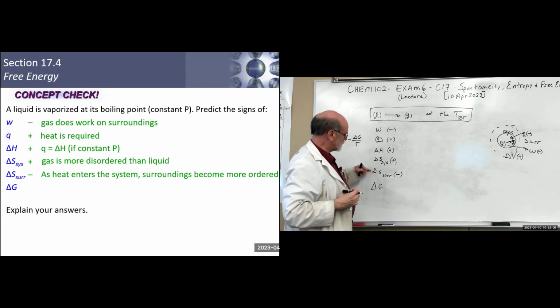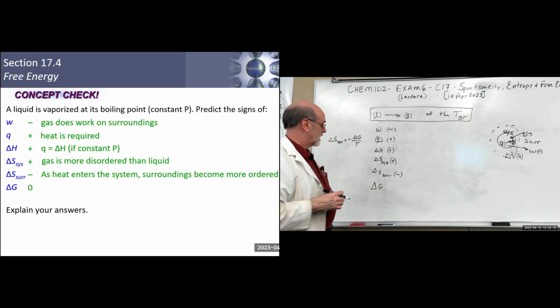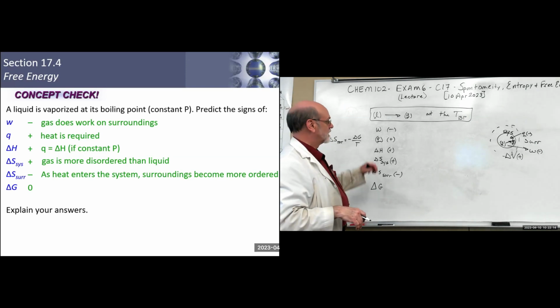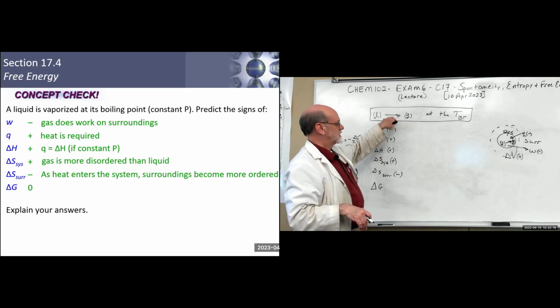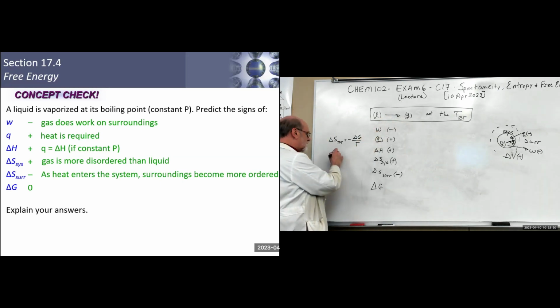Well, it depends on these two values right here. Which one is bigger? Of course, I left out this part. This is a phase change. We are essentially at equilibrium. And at equilibrium, delta G is equal to 0.